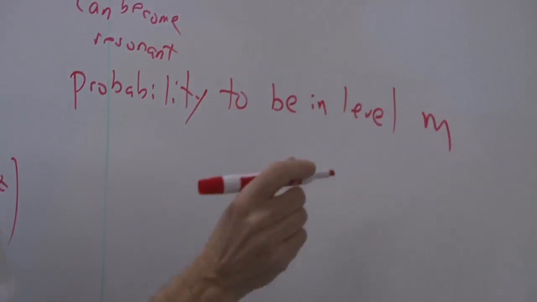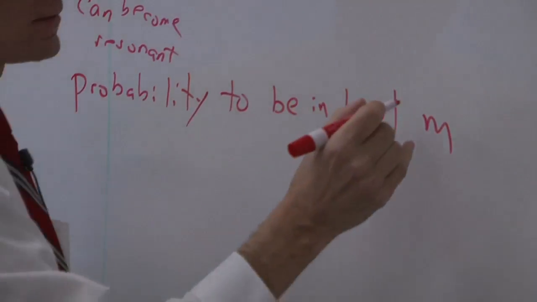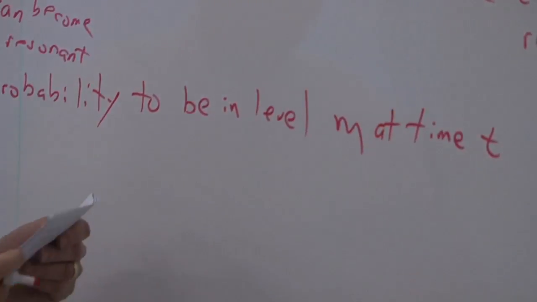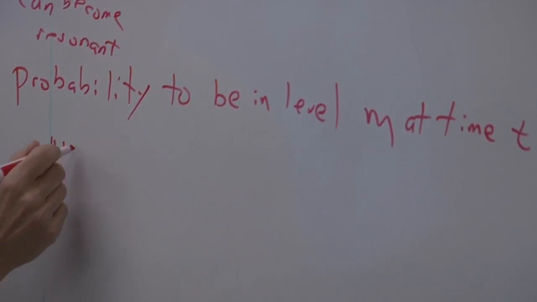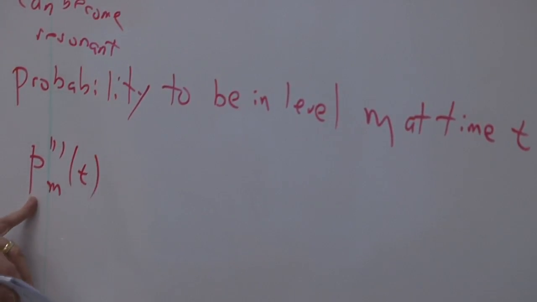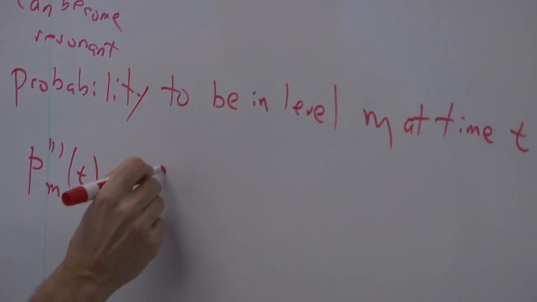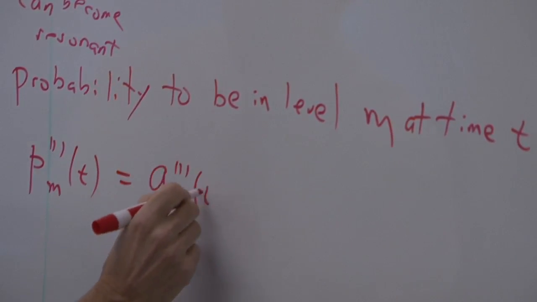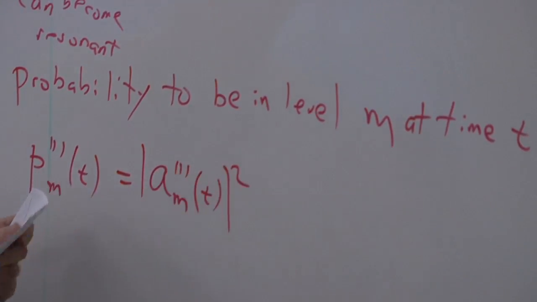Now, we want to know what's the probability that we are in level M at time t. We can call that P1_M of t. Probability to be in level M to first order in perturbation theory at time t is equal to A_M1 of t modulus squared.